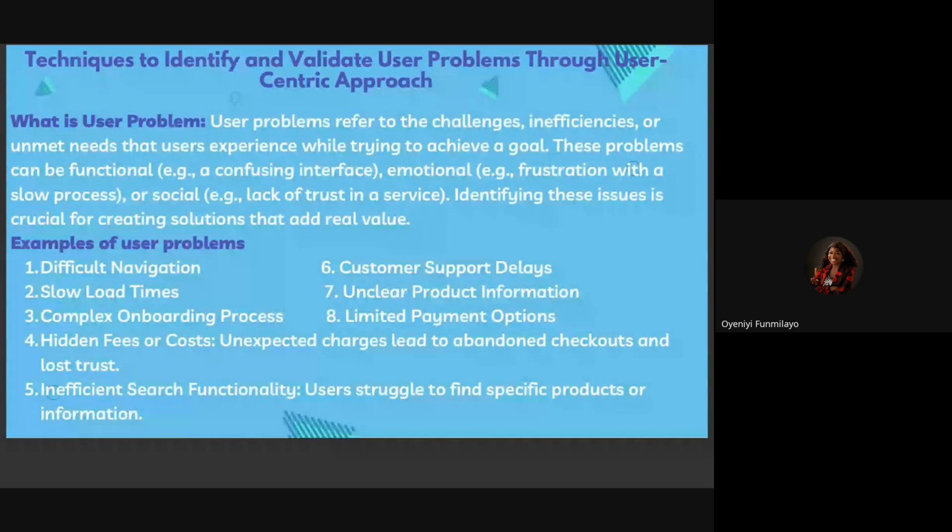Another example could be a social one, such as lack of trust in a service, right? Identifying these issues is very crucial to creating a solution that adds real value to the users. So over here I listed some examples of user problems, which are difficult navigation, slow load time, and complex onboarding process.